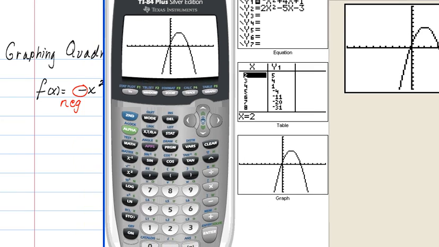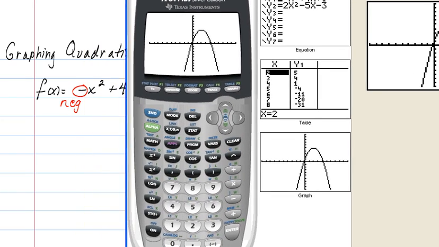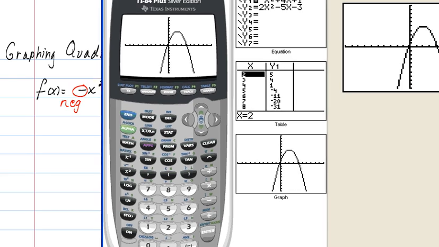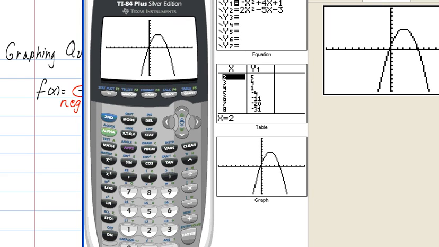Once you have it graphed in your Zoom 6 window, let's find the y-intercept. That's usually the quickest and easiest point to find, and you can usually find it by hitting the trace feature right after you graph it.